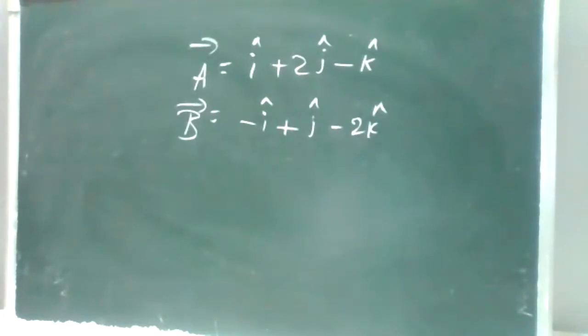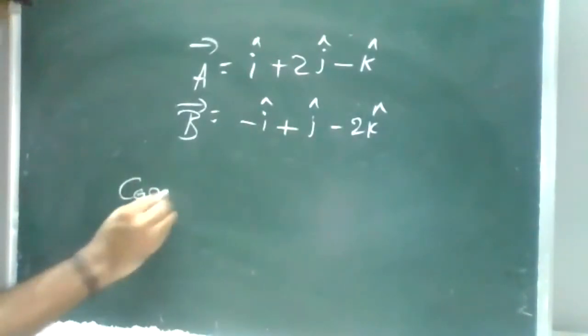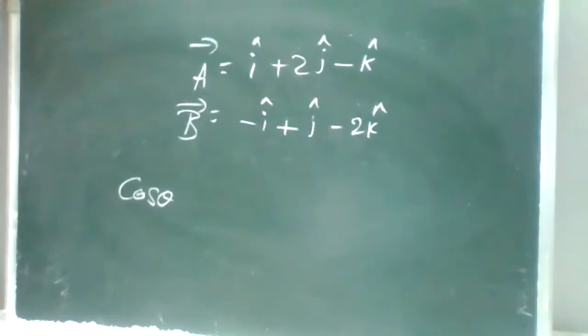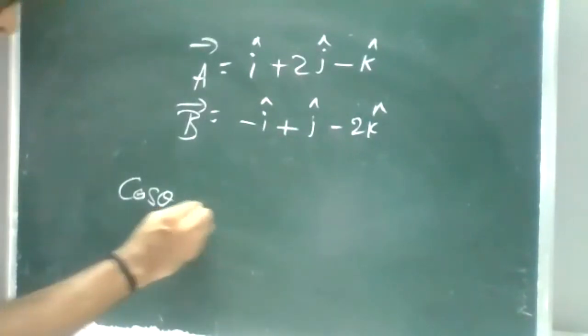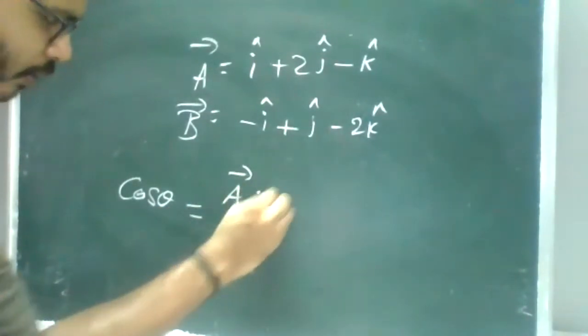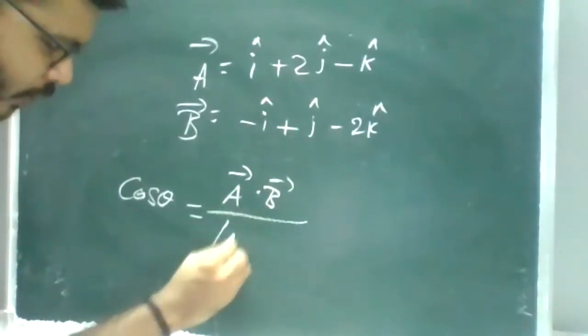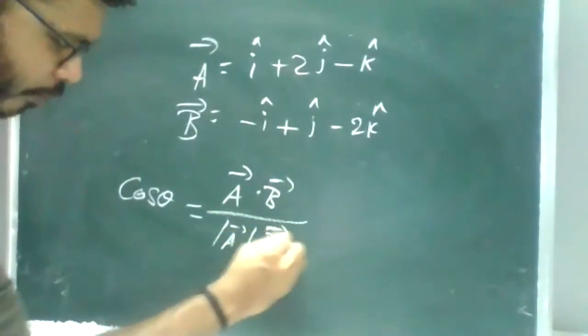So this is your B vector. Now we are going to find the angle between the two vectors. To find the angle between the two vectors, the relation is nothing but cos theta. So cos theta is equal to A vector dot B vector by modulus of A vector and modulus of B vector.